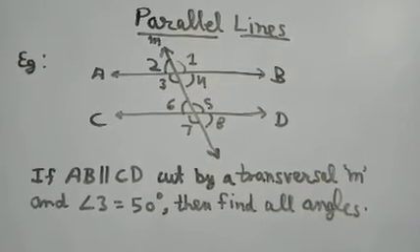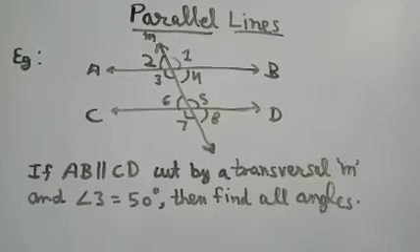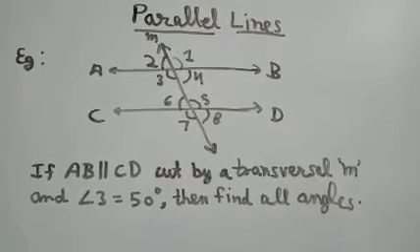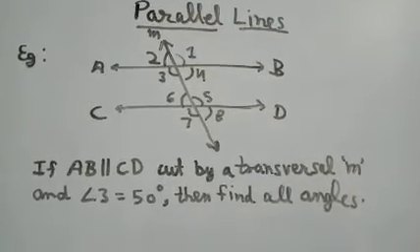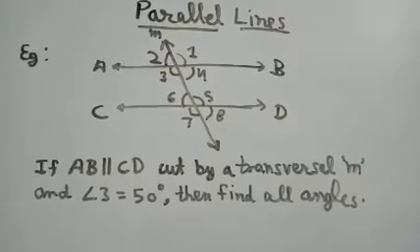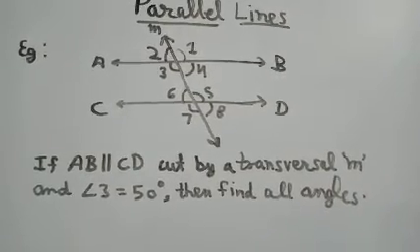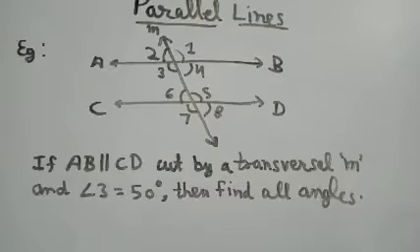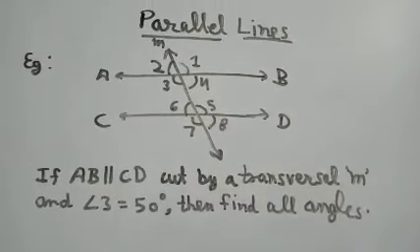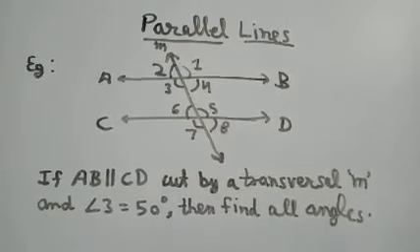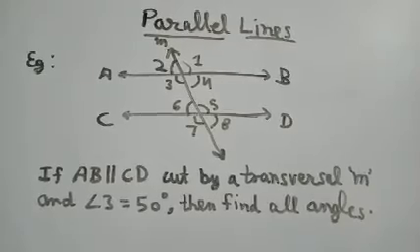So student, I have taught you in the previous video about the parallel line and transversal and angles made by the transversal and parallel lines. Now in this video I am continuing your doubt through an example.